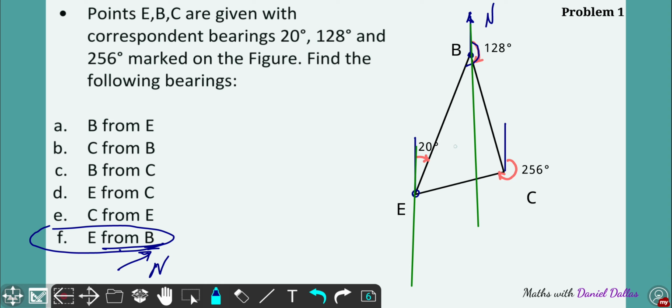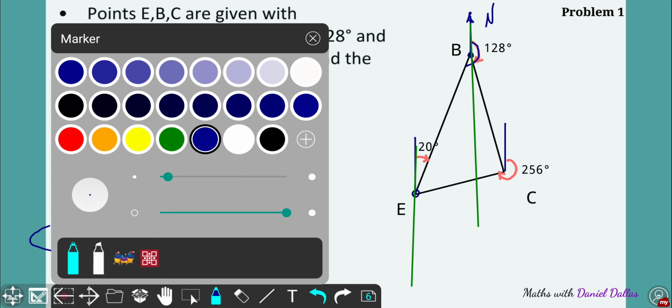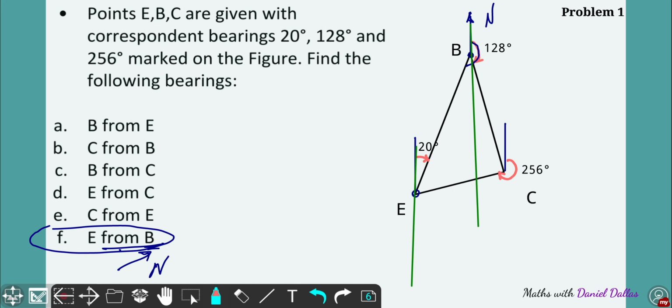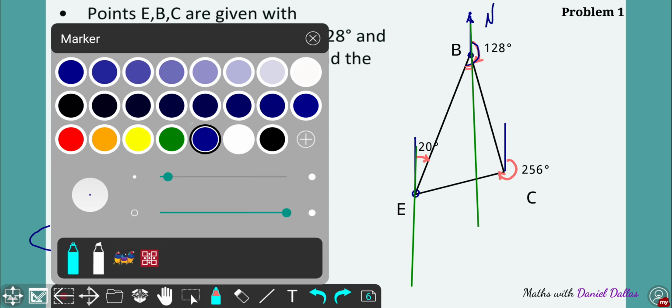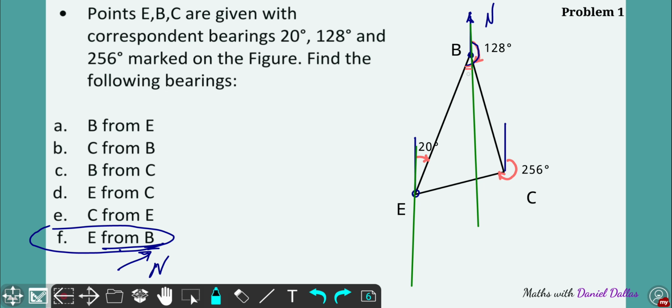That's basically the bearing B from E. So we are given that. So this angle 20 degrees you may find here. Let's have a look. So this small angle is also 20 degrees. So we can set it up as 20 degrees right there. Okay, maybe use another color. Let's take that. So here's the small angle right there, 20 degrees.